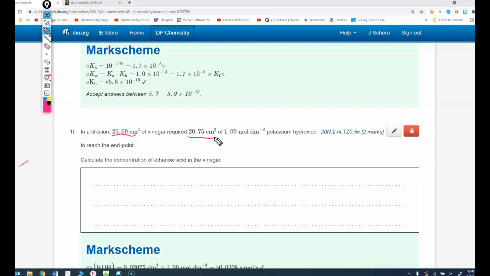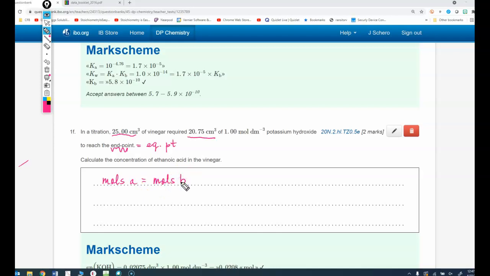What we are able to do is recognize that we have a 1-to-1 ratio, and the endpoint in this case is going to be analogous to the equivalence point because we've chosen our indicator correctly. So that means the moles of our acid are going to be equal to the moles of our base.